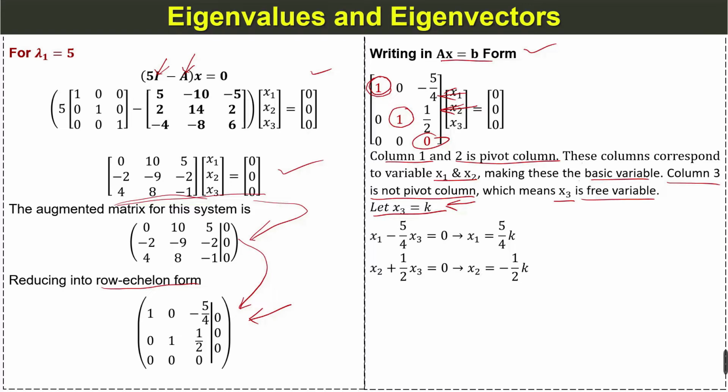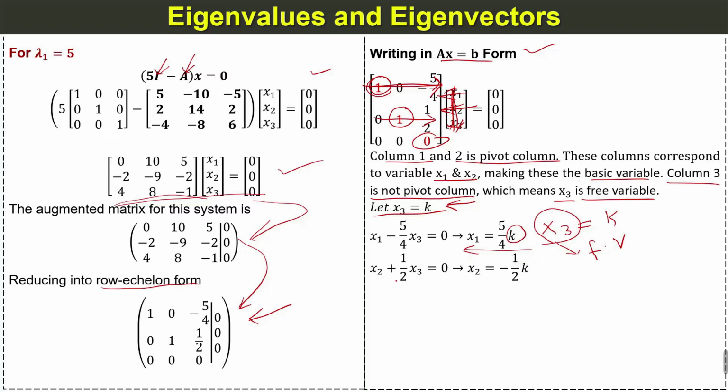Then we solve this: multiply the first row with the eigenvector x, and the second row with the eigenvector as well. After simplification we get that x1 is equal to 5/4 k, where we replace x3 with k because x3 is a free variable.